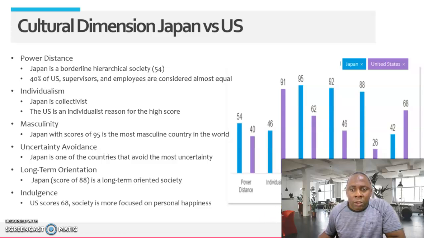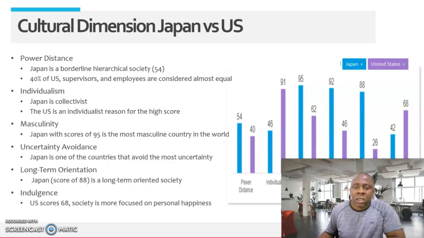The higher the score, the wider the power distance is, and with an average of 54, Japan is a cross-border hierarchical society in all social contexts and with a meticulous, slow decision-making process. All decisions must be confirmed by each hierarchical layer and ultimately approved by the top management.